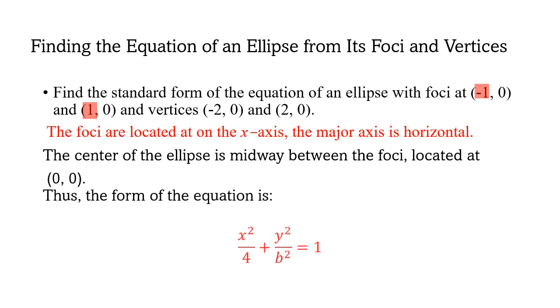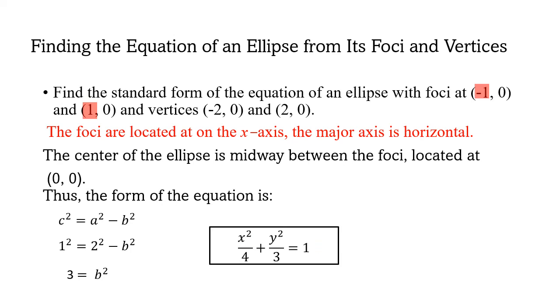Therefore, the form of the equation is x squared over 4 plus y squared over b squared equal 1. But we know that c squared equal a squared minus b squared. Therefore, b squared equal 3. Therefore, the equation will become x squared over 4 plus y squared over 3 equal 1.